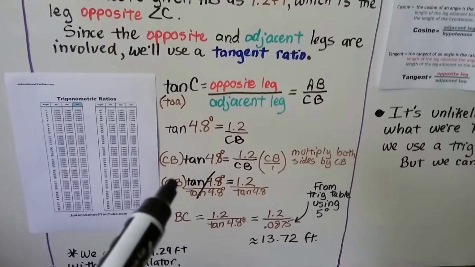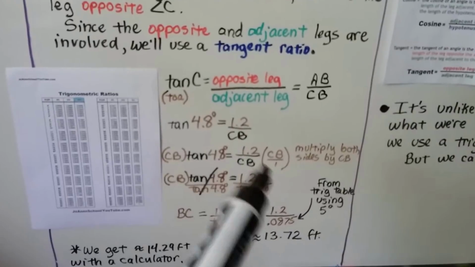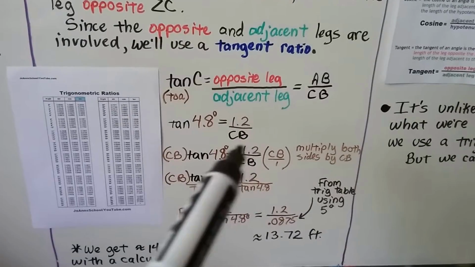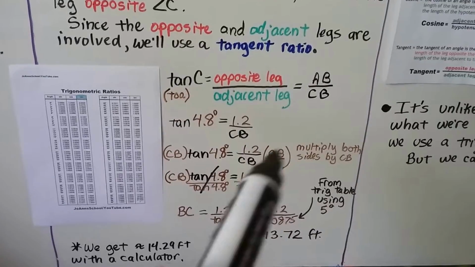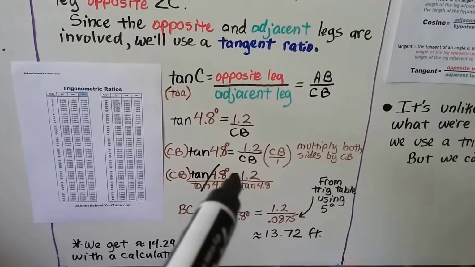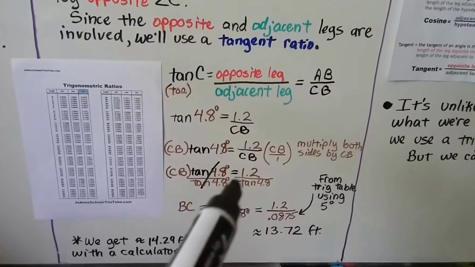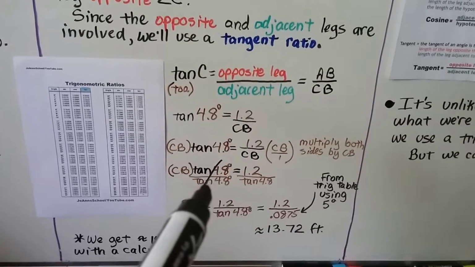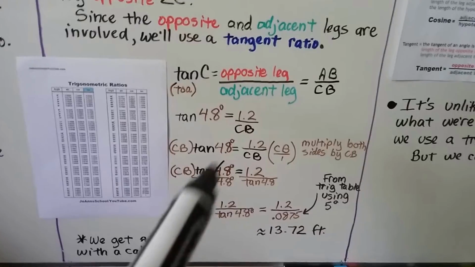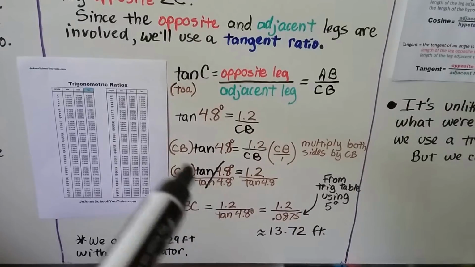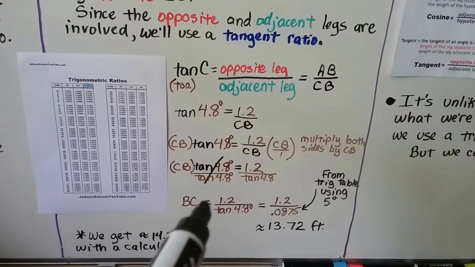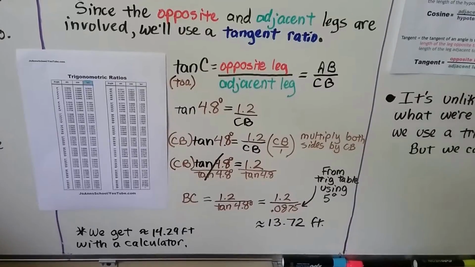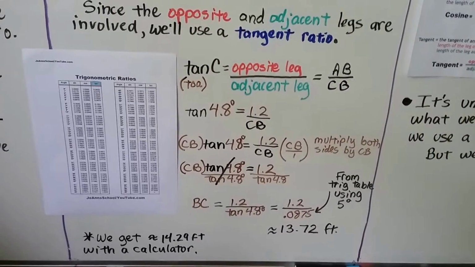And we can multiply both sides by CB to get rid of this fraction here, and the CB over CB will cancel each other out, and we'll be left with 1.2 on this side. Then we divide both sides by the tangent of 4.8 degrees. These two cancel out as a 1, and we're left with CB, or BC, is equal to 1.2 divided by the tangent of 4.8 degrees.